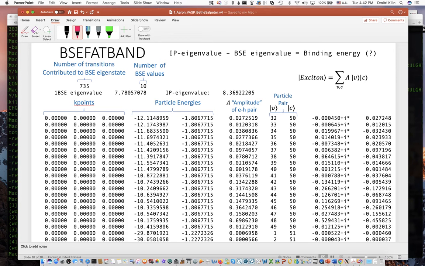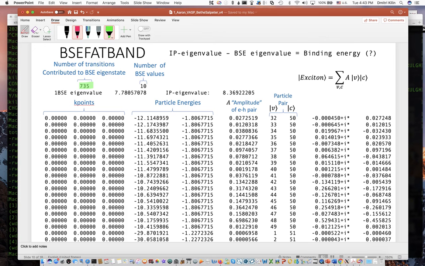For each eigenvalue, it will split out a block, which is this 375. That's the number of transitions that are used to compute the eigenstate.